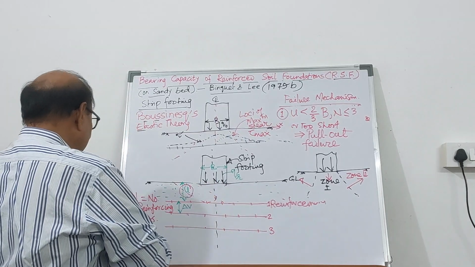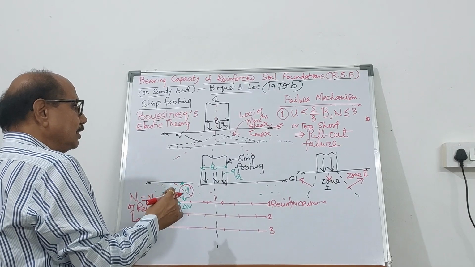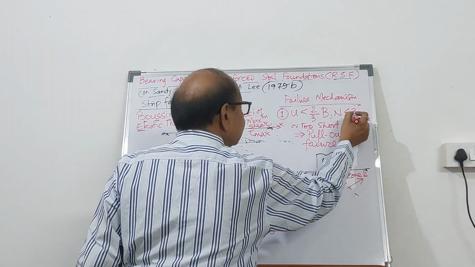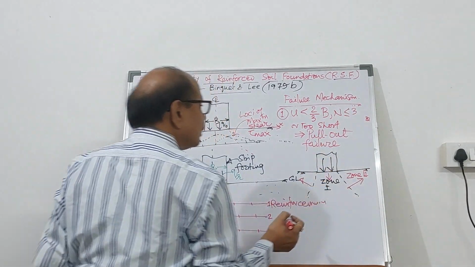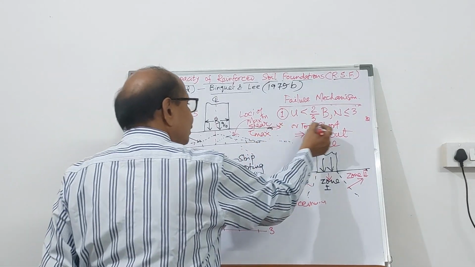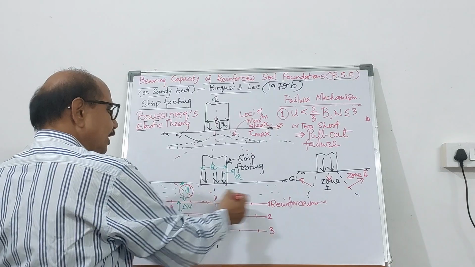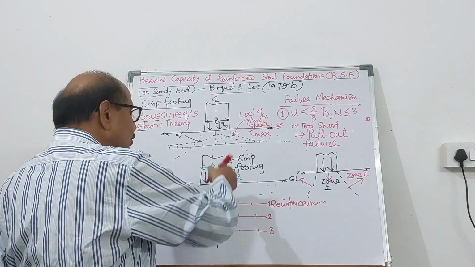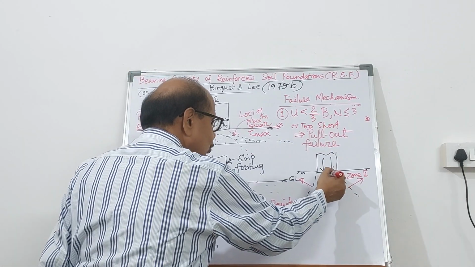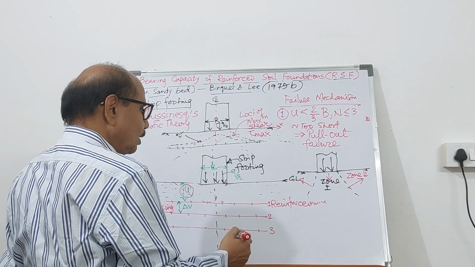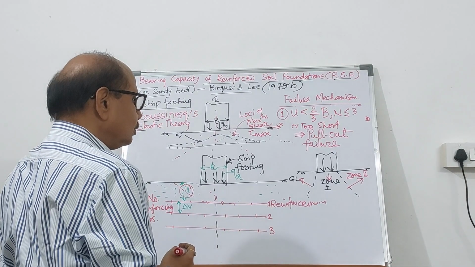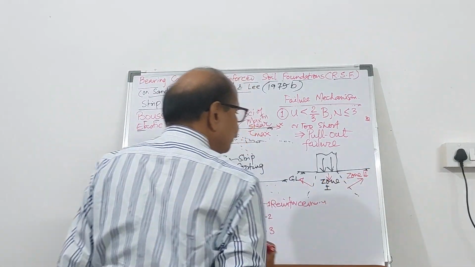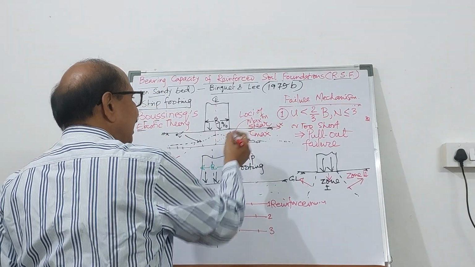But if u by B, where B is the width of the footing, is less than 2/3, or u is less than 2/3 of B, and N is less than or equal to 3, and ties are too short, these reinforcing layers are called ties, because the soil is going to move in the downward direction as shown in this arrow, this will be pulled out because there will not be maximum grip beyond this zone of maximum shear.